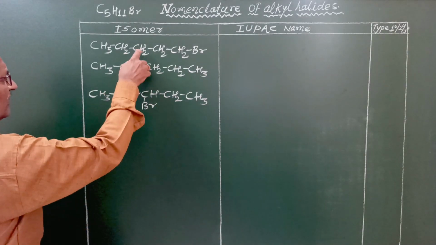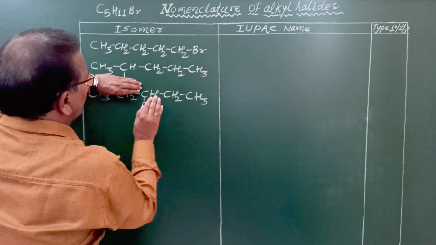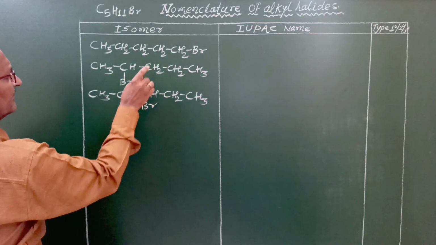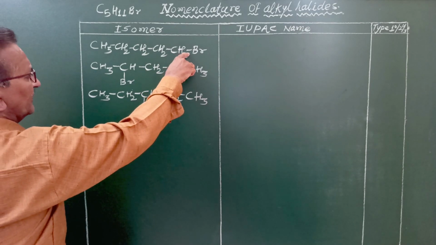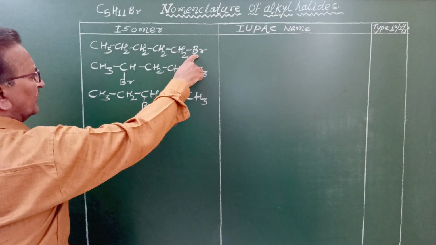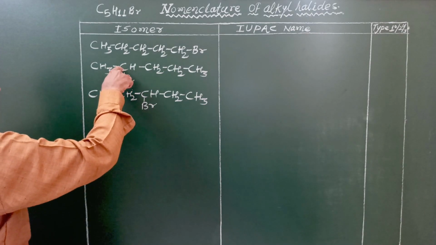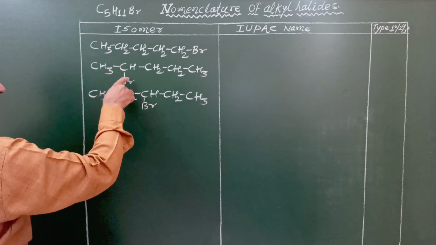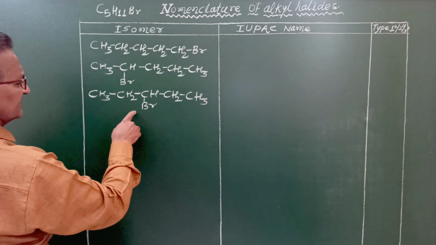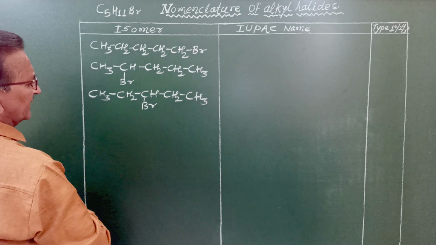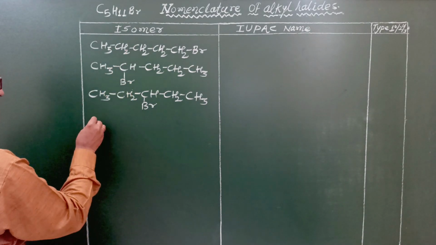All these groups are derived from n-pentane, in which the free valency is at carbon 1, 2 or 3, and bromine gets attached there, and that's why they are different from each other.